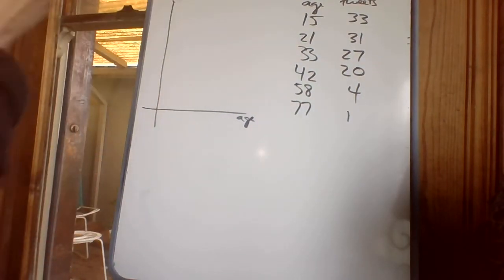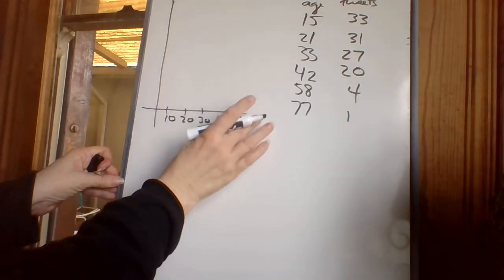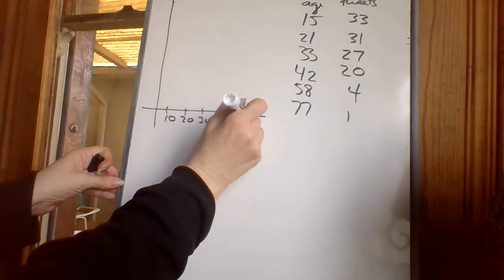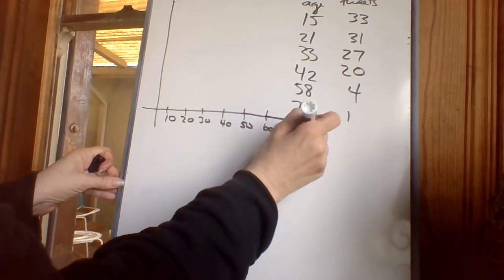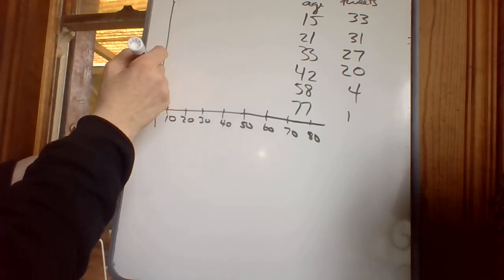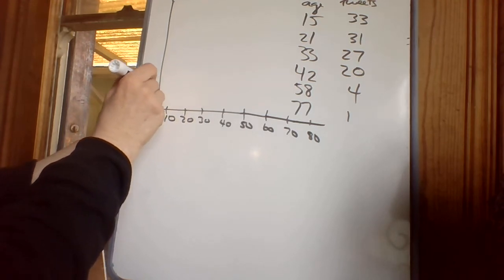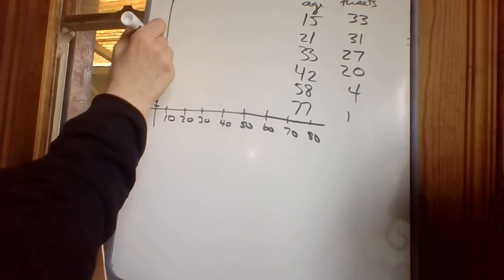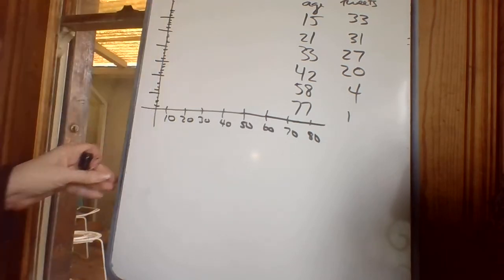Again, let me mark this off in tens. The 15-year-old, I have to get up to 33. 10, 20, 25, 30, 33.